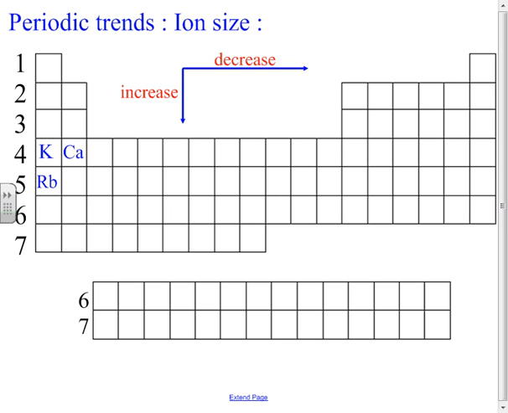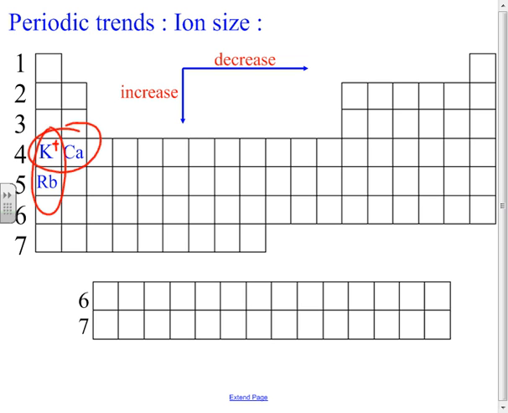So general trends in ion size, again, decrease across because of increased nuclear charge, increase down because of shielding. So if we were to compare potassium and rubidium, then rubidium is going to be larger because of shielding. If we were to compare potassium and calcium, calcium is going to be smaller because of nuclear charge.